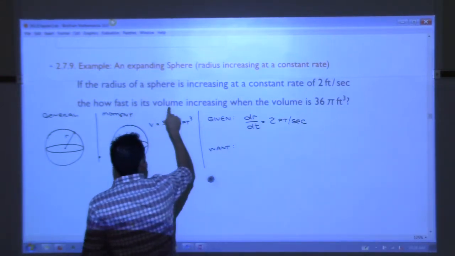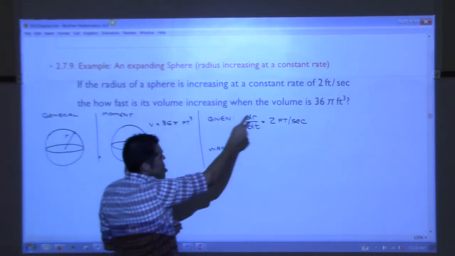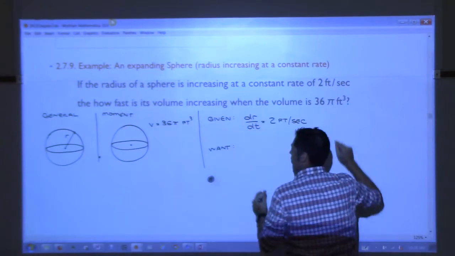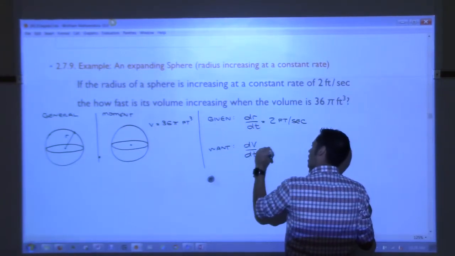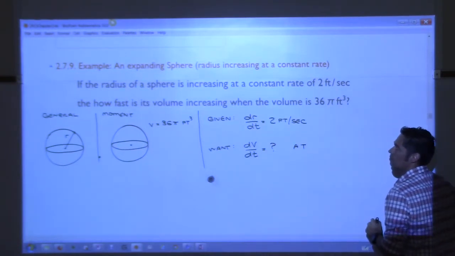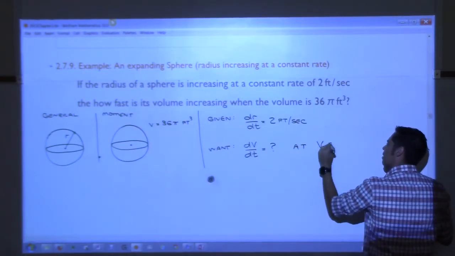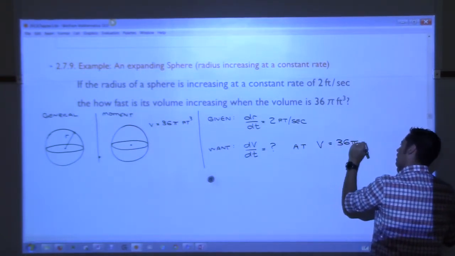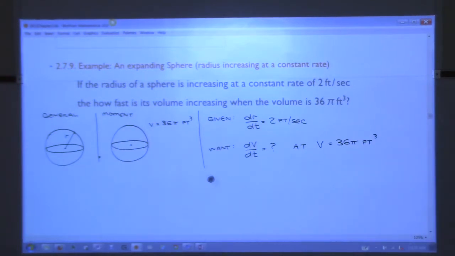How fast is the volume increasing when the volume is this? So I want dV/dt at exactly the moment that the volume is 36 pi cubic feet. That's what I want. Yes?